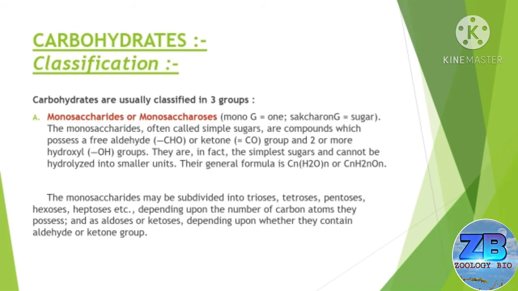The general formula is CnH2nOn. The monosaccharides may be subdivided into trioses, tetroses, pentoses, hexoses, heptoses, etc., depending upon the number of carbon atoms they possess, and as aldoses or ketoses, depending upon whether they contain aldehyde or ketone group.